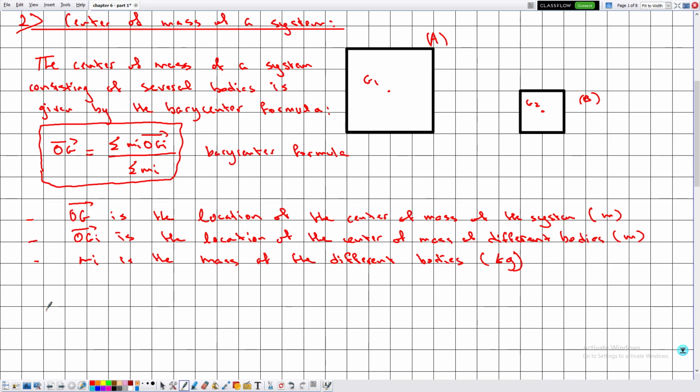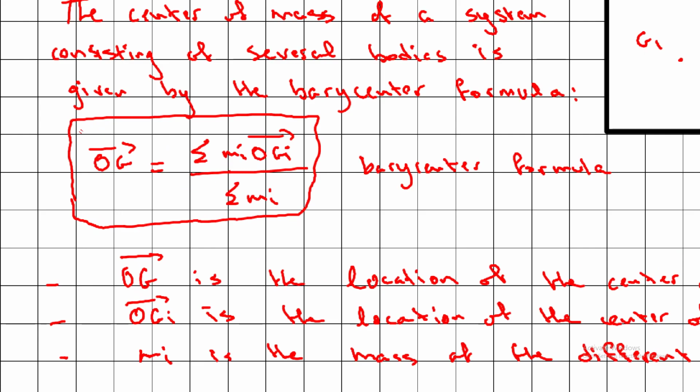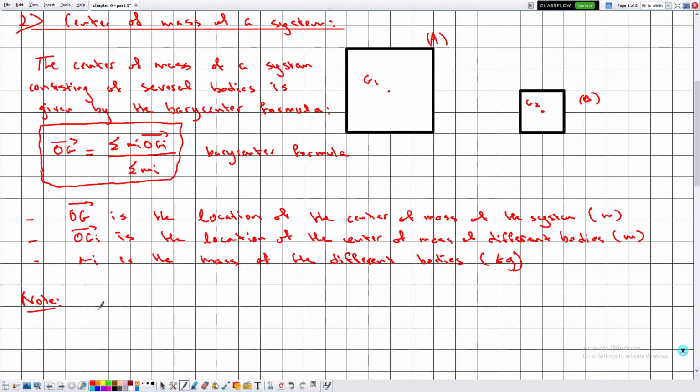And here let me make the following important note. Notice that the barycenter formula includes vectors. It's a vector relation, so vectors must exist on the left and on the right. And in order to deal with vectors, we need to consider a reference system.